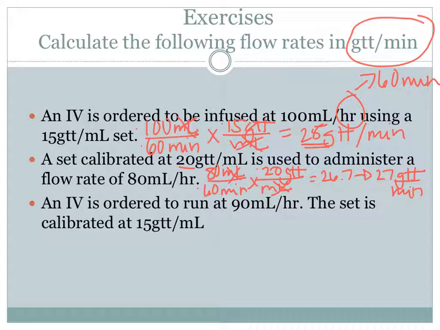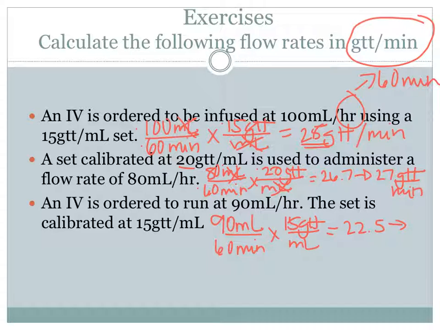Then, for the final one on this slide, you have 90 mils per hour. So again, writing 90 mils over 60 minutes times 15 drops per mil as your drop factor set, which equals 90 times 15 over 60 gives you 22.5, again converting to the nearest whole number, 23 drops per minute.